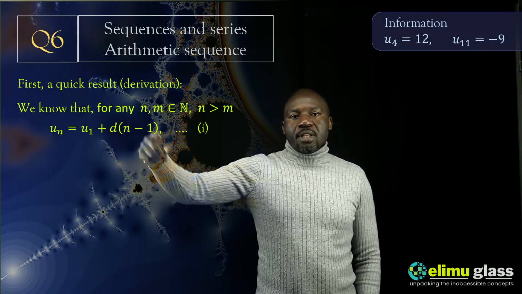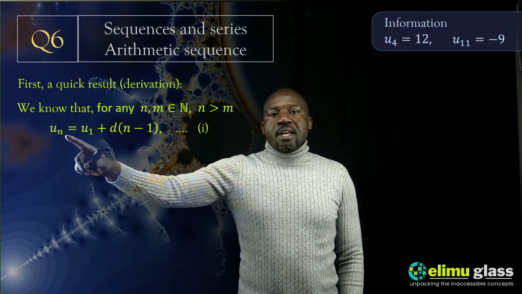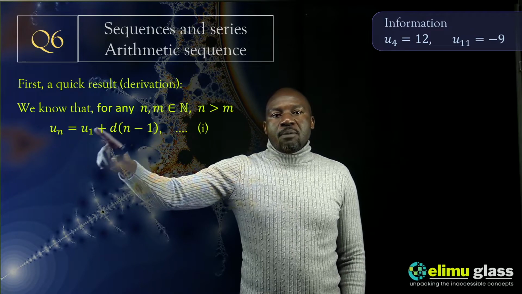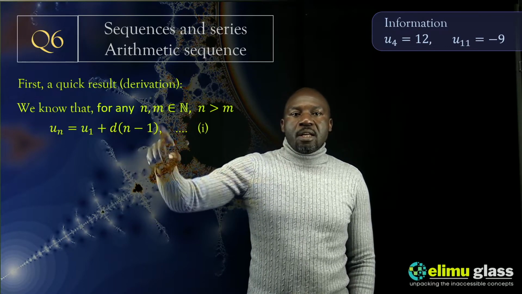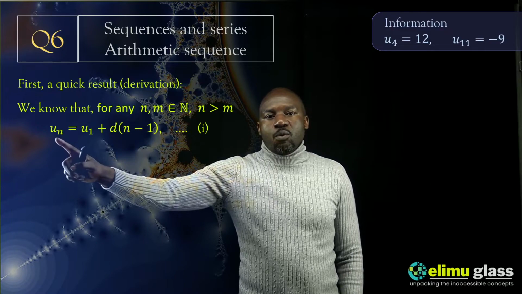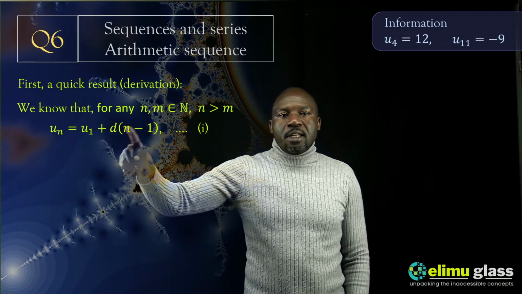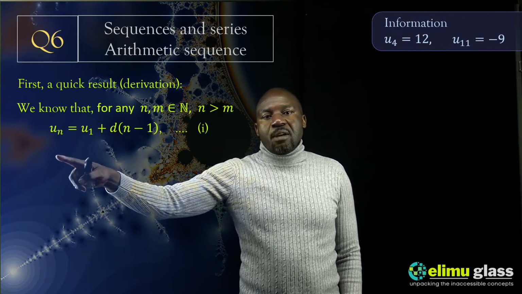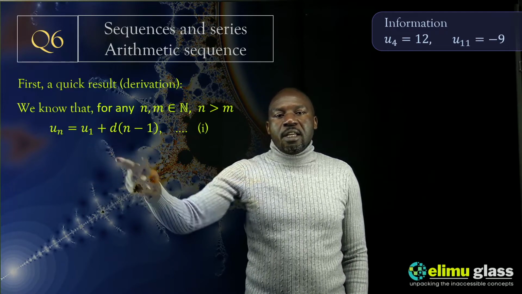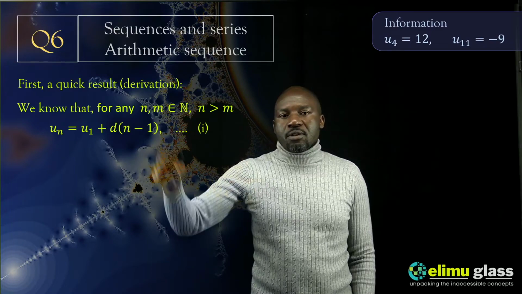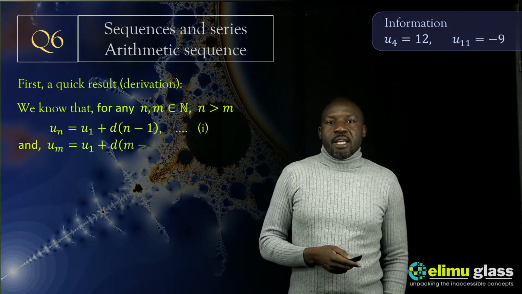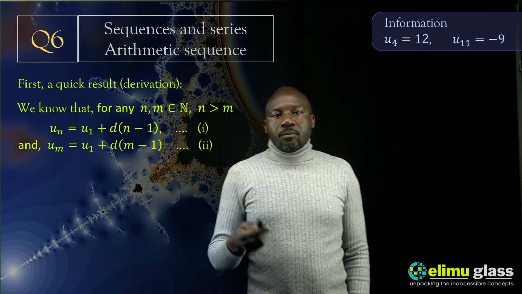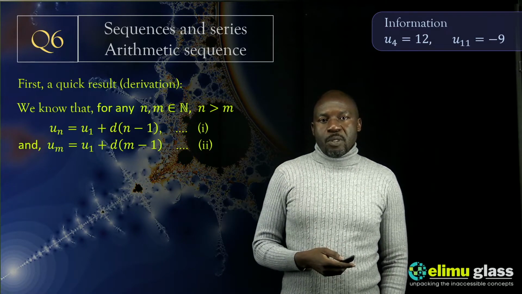So the 10th term is u1 plus d into 10 minus 1. The 20th term would be u1 plus d into 20 minus 1. So the mth term must be u1 plus d into m minus 1, and so on.